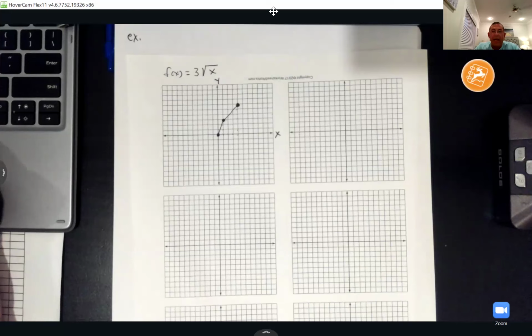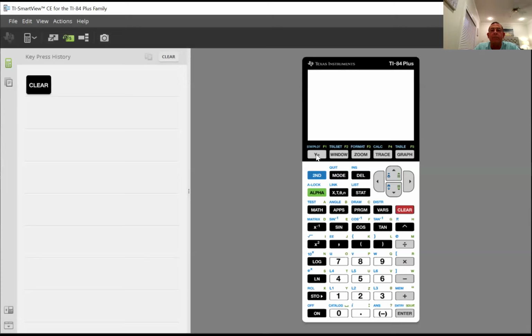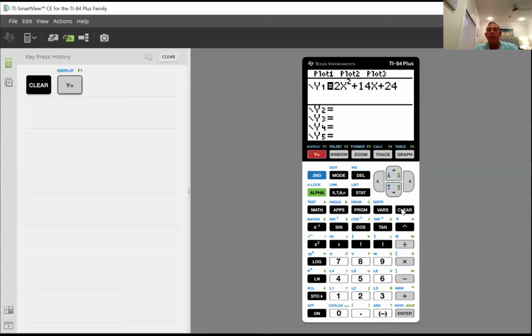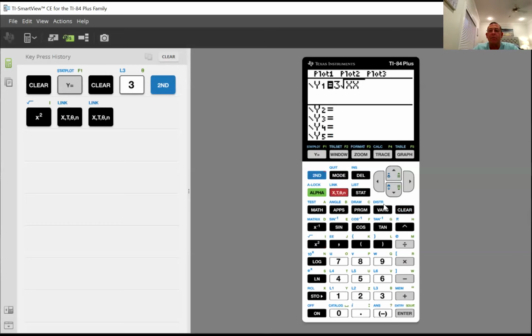All right, so to do that, I would go to my y equals. Let me clear that one out. I had 3 square root of x. So I would hit my 3. My square root is second, x squared, on the left side, right above the 7. And then put my x in there. Whoops, so delete one of my x's.